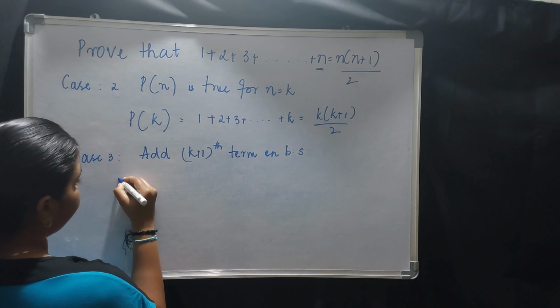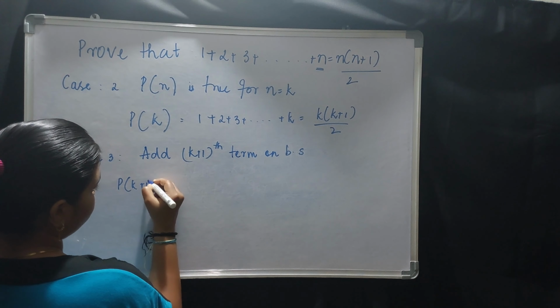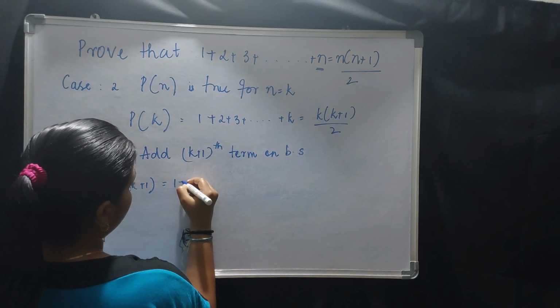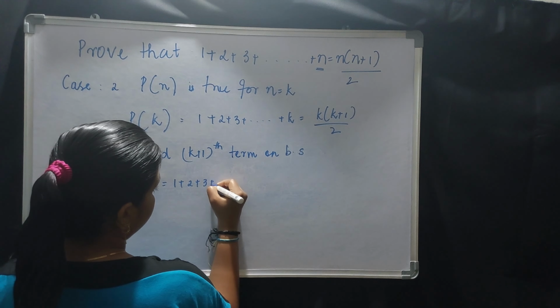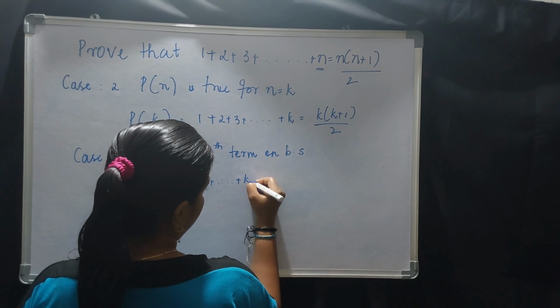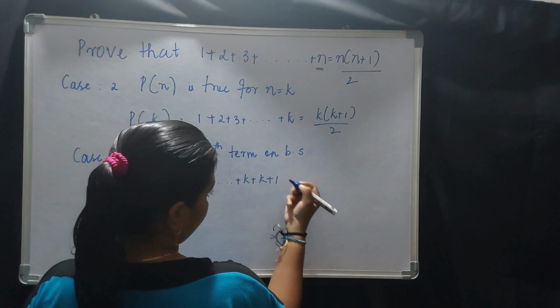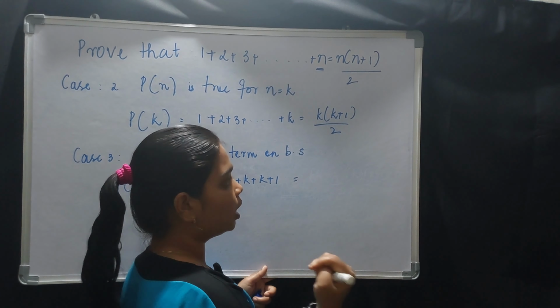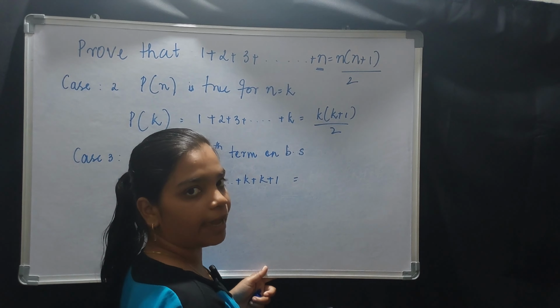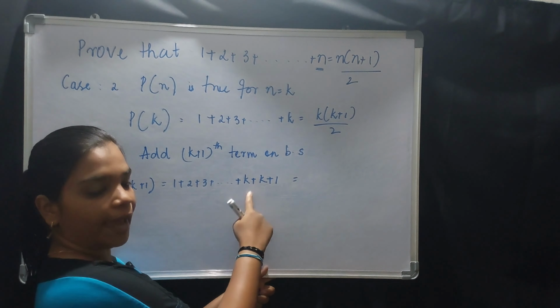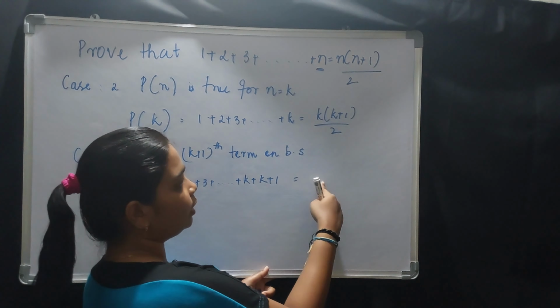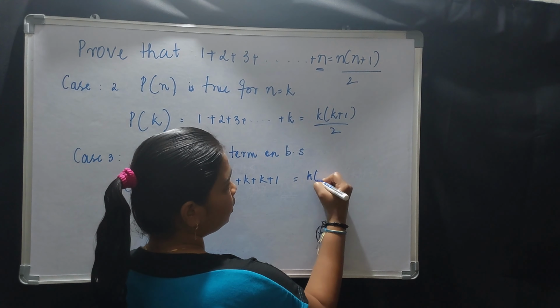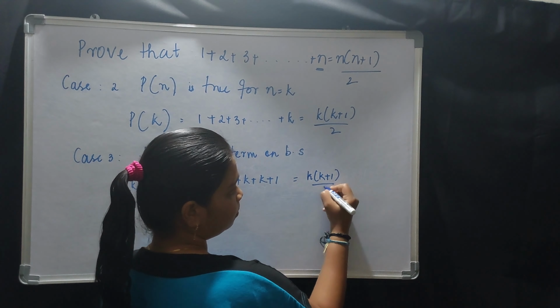So on this side, it will become P(k + 1) equals 1 + 2 + 3 + so on till k + 1. I'm adding the (k + 1)th term. So how should we write the right side term? It is k(k + 1), as I wrote n(n + 1). Here also I'll add k + 1 to the k term.